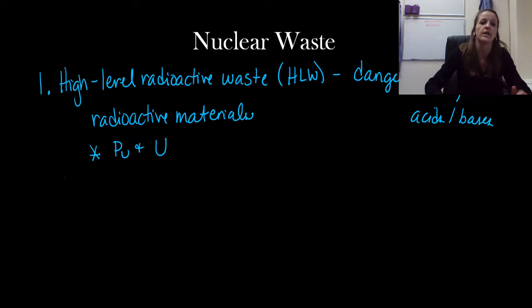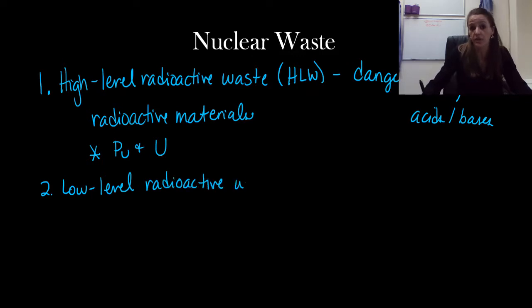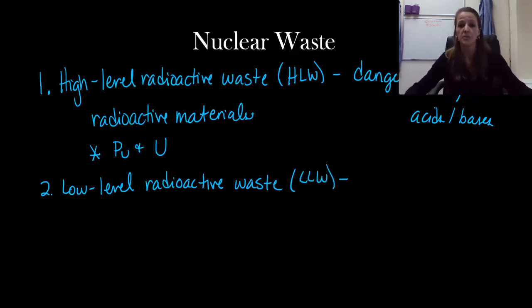All right, the second one, instead of high level, we have low level radioactive waste. And just like I would think you would expect, instead of being HLW, this is LLW. And this is actually 90% of the waste that's created from a nuclear power plant. 90% of it is considered low level. So these are your gloves.